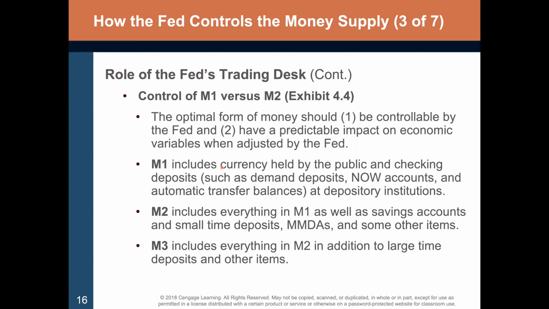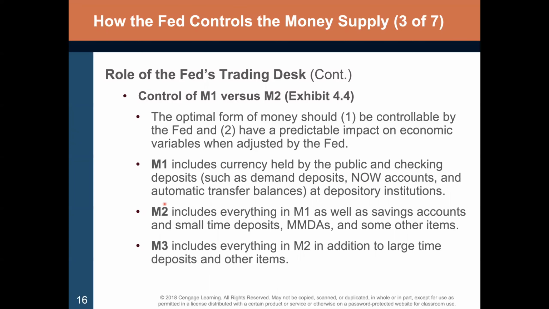So M1 includes currency held by the public and checking deposits, such as demand deposits, negotiable order of withdrawal, that's NOW accounts, and automatic transfer balances at depository institutions. The M1 measure does not include all funds that can be used for transaction purposes.